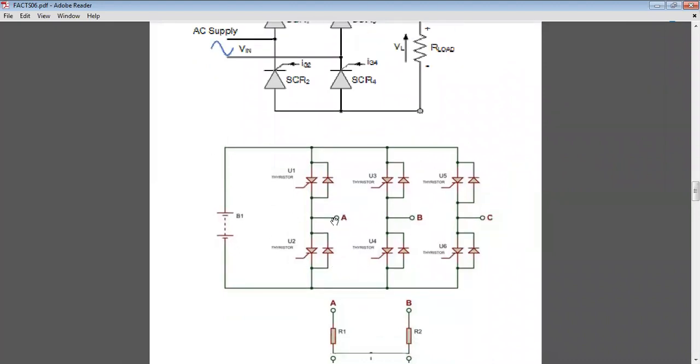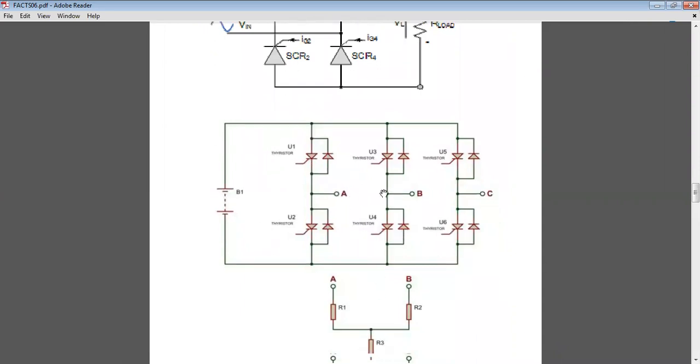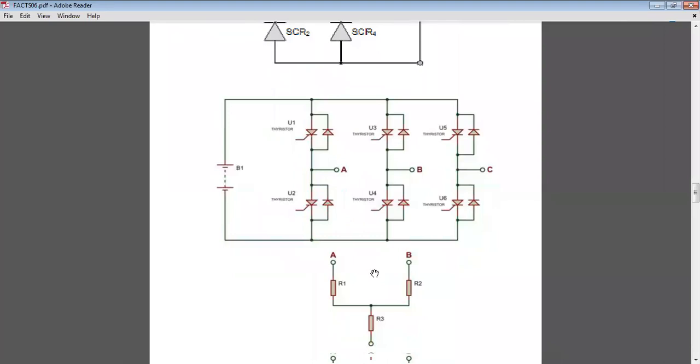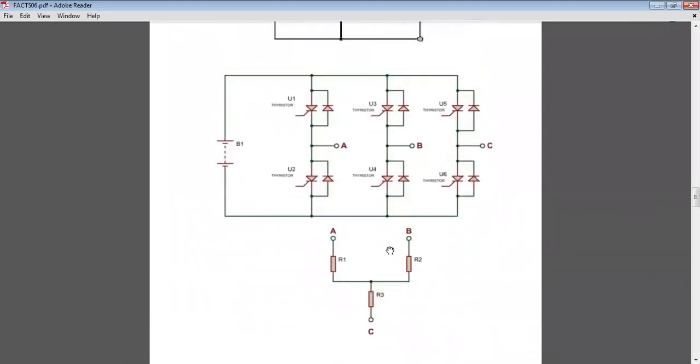In this one, the DC is converted to AC, but it is not pure sinusoidal. You will have a pulsating waveform again, that is a square waveform. This type of waveform you will get in this case, whether it is single phase or three phase. In three phase, the phase voltage you will get like this, and the line voltage will have different steps.